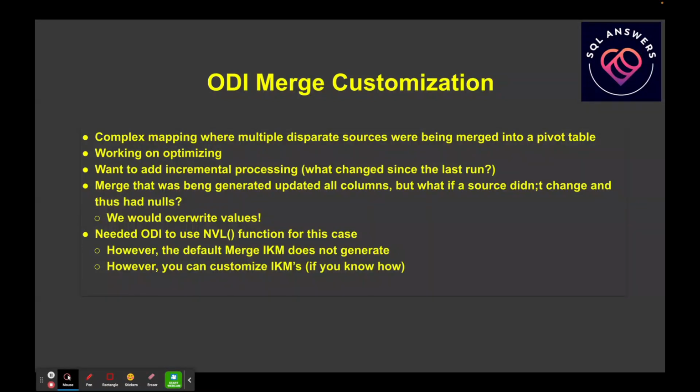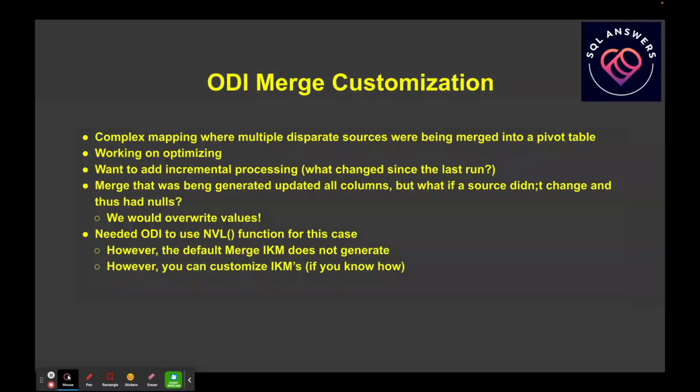The problem we had is that since we're going to several sources, we need to be able to merge all these things together. There are outer joins going on at the end of the mappings. When you do the outer joins, if you got null values from any of the sources and then tried to merge them into your end target table, you could wind up overwriting those values with nulls.